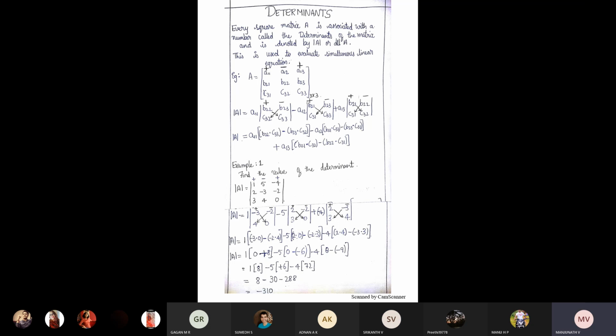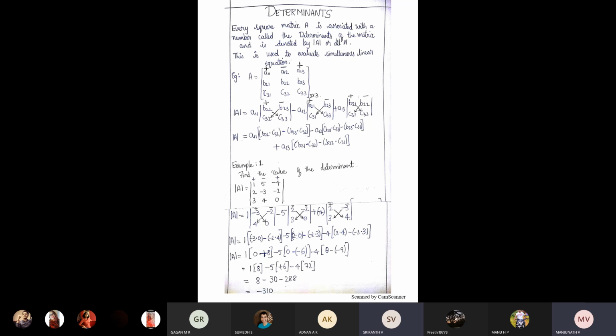Now, for A11, I said suppress first row, first column. We are left with B22, B23, C32 and C33. As it is plus, it is plus A11. Next, it is A12. A12 is associated with what sign on its column? Minus, right?